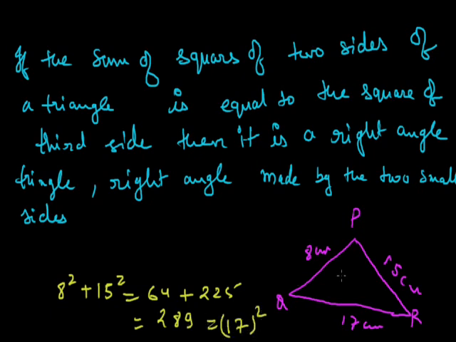So here I can see that after squaring two sides and adding them, I get the square of the third side. This means this is a right angle triangle and right angled at P. Since the smaller sides are 8 and 15 centimeter, so it is right angled at P, or we can say opposite to the longer side.